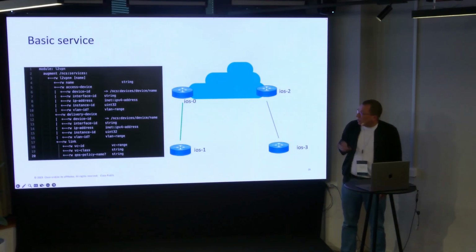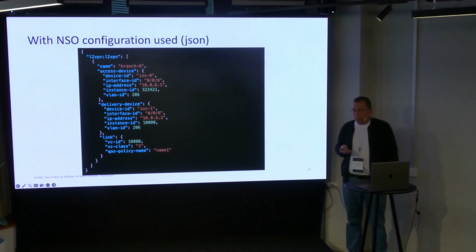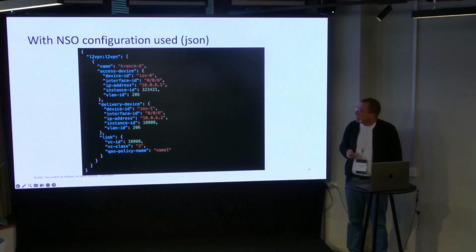Here is a very simple service. It's just an example. We have an L2 VPN service in the network, and this is how you can really easily test the first service you build. It's just a JSON file that you will send using RESTconf to the NSO.